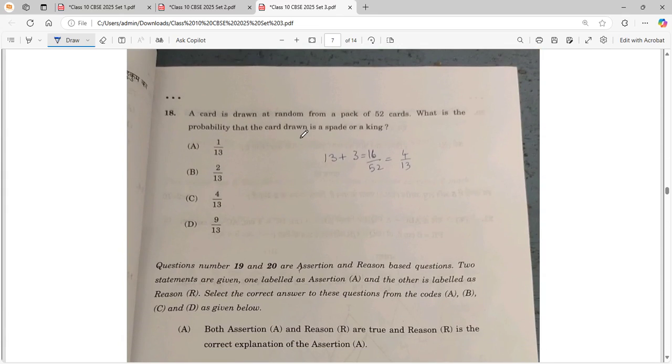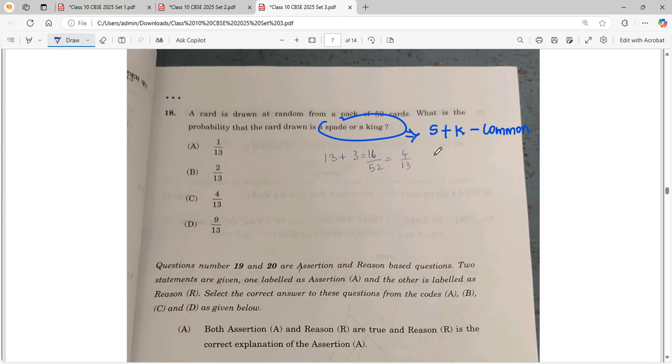A card is drawn from a pack of 52 cards. What is the probability that the card drawn is a spade or a king? In spade, you have a king inside it. If it is either or, it has to be the probability of a spade plus the probability of a king, minus the common cards.